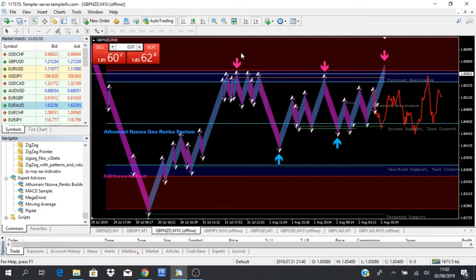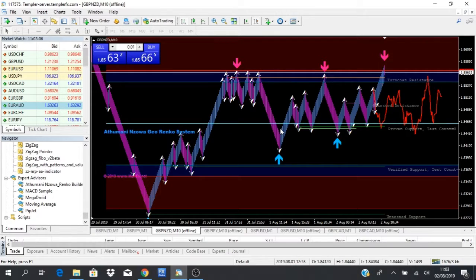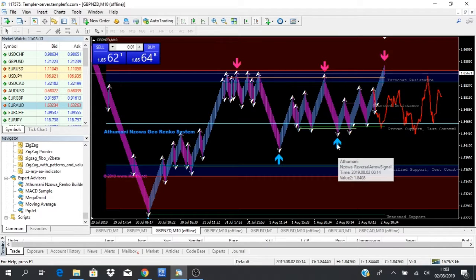Let me see. Okay, so as you can see, it was actually going end to end, but let's say it came from the red zone, and then it rests a bit for retracement at the middle line, which is normally in Fibonacci the 0.618 zone, the golden ratio zone. And then it went back, and retraced again at the golden ratio zone.